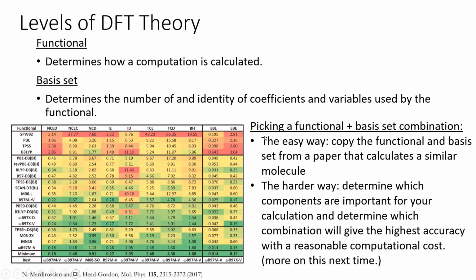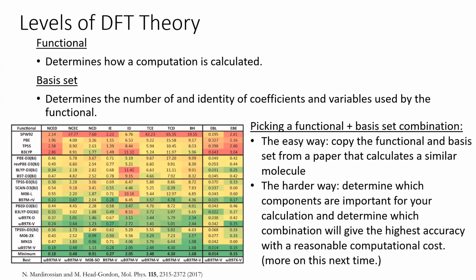Picking the functional and basis set can be quite complicated. There's two ways you can go about it. The easy way to do it would be to look in the literature and find someone who did a calculation that's similar to what you want to do. So similar molecules, similar piece of information that you want to get out of it, and just copy their functional and basis set.